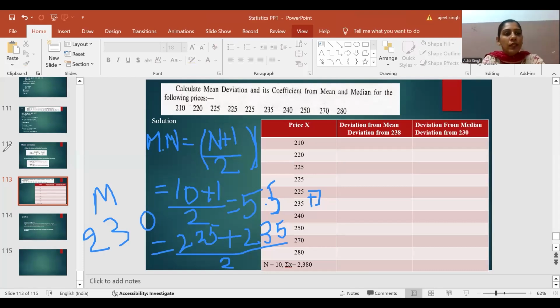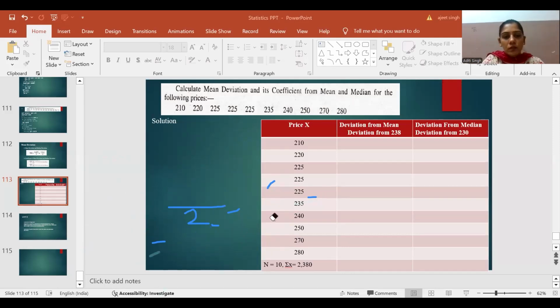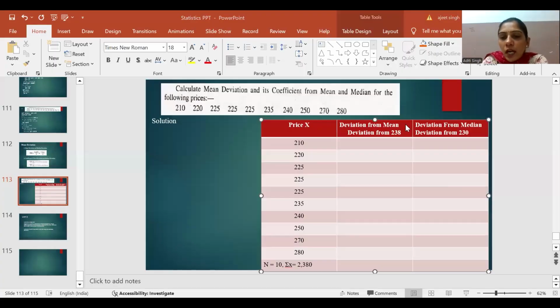Let me erase this first. So now we will do the calculation of deviation from mean and deviation from median. Let's start the calculation.